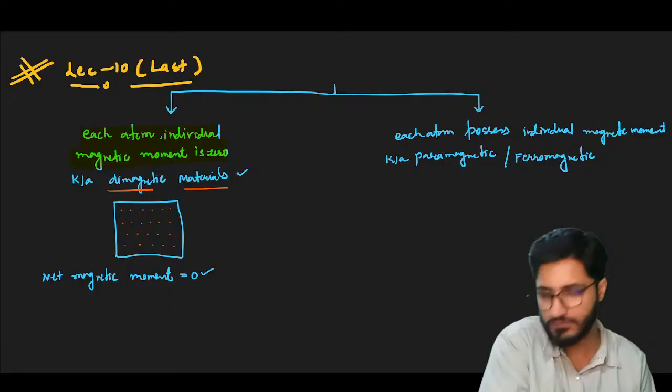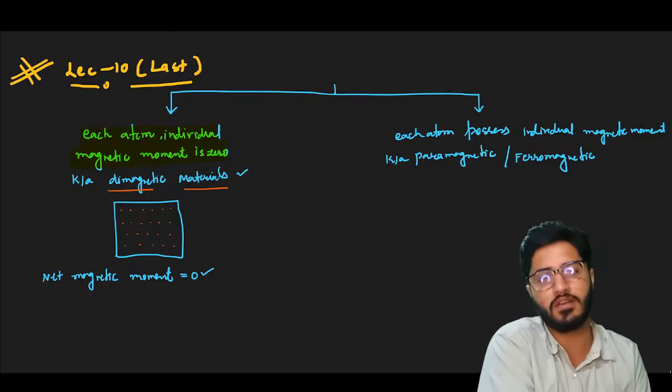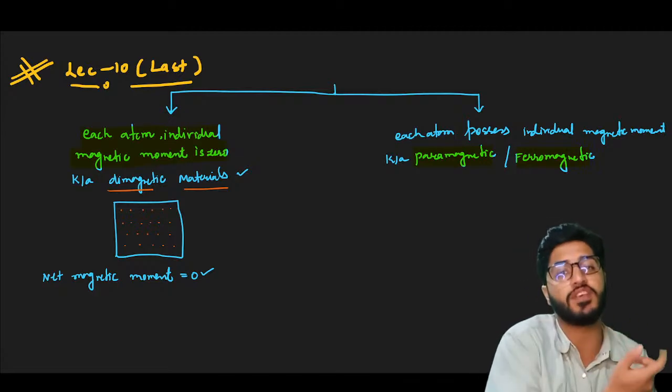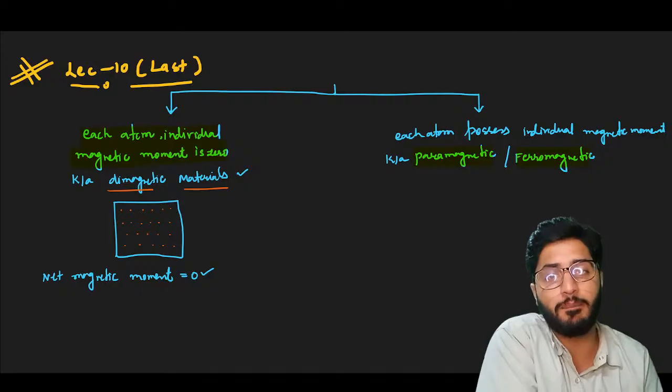So what are paramagnetic and ferromagnetic? They are those substances that possess an individual magnetic moment.